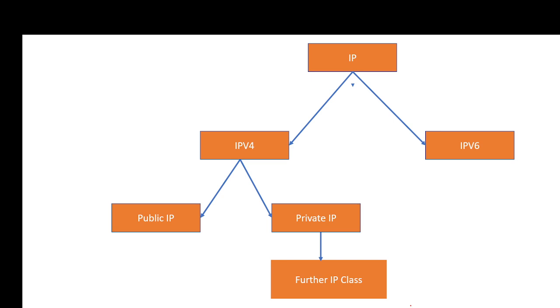So if I talk about IP address, the IP address which is accessible over the internet, anybody can access. I have just accessed Facebook. I have just accessed Amazon. Because if I know that IP address, anybody can access the sites. That is called a public IP, and a public IP is a chargeable IP address.